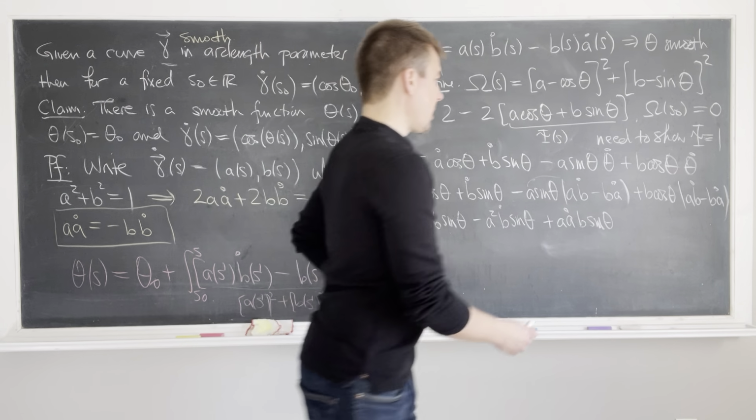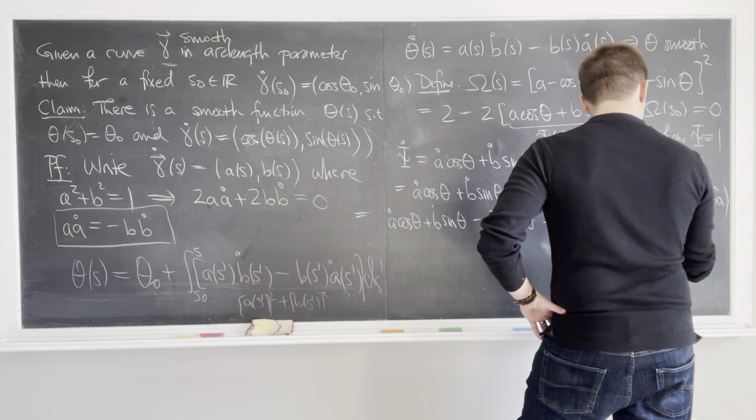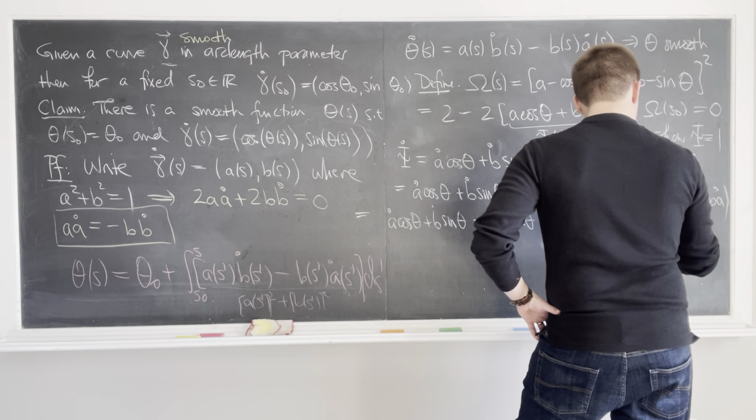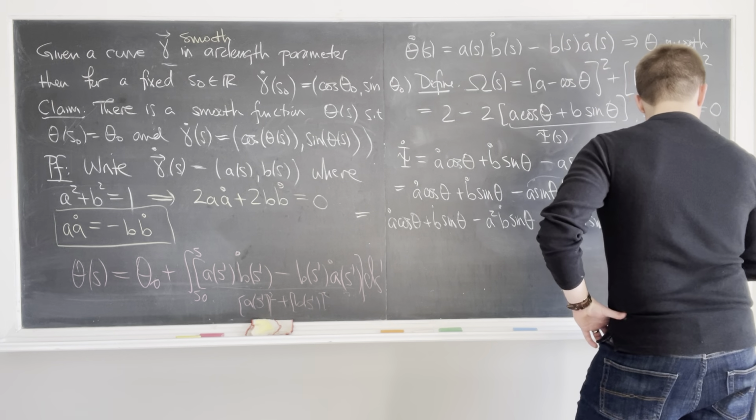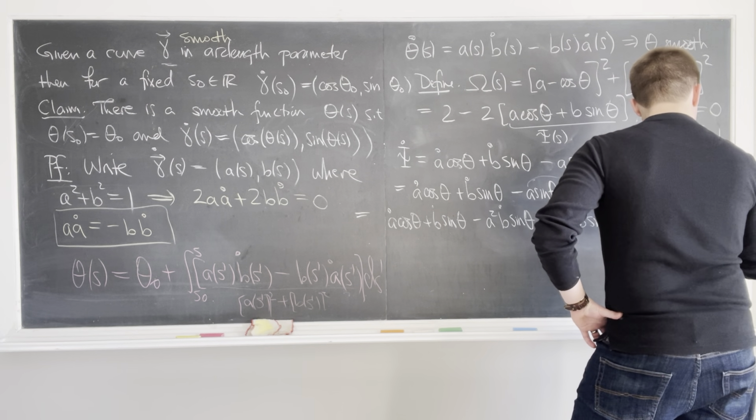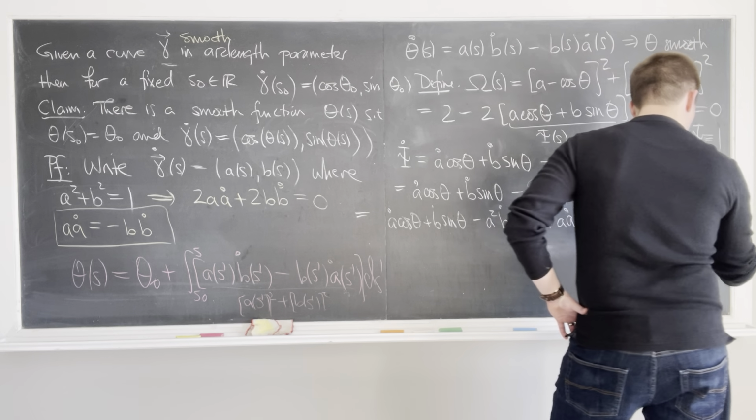Okay, and then I'm going to have a b, so plus a b dot cosine theta, and then minus b squared a dot cosine theta, like that.